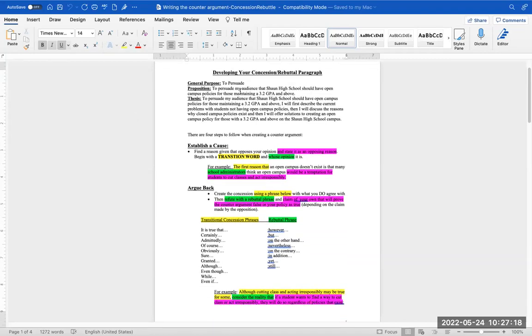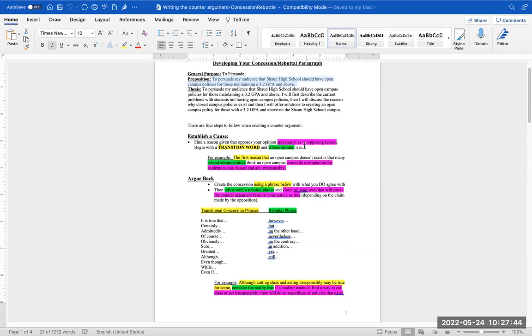If we read through this, the thing is to persuade my audience that Sean High School should have an open campus policy for those maintaining a 3.2 GPA and above. What's an open campus policy? It means you can go off campus whenever you want, and that means you can leave and come and go during open periods or during lunch and such. So there are four steps when creating the counter argument.